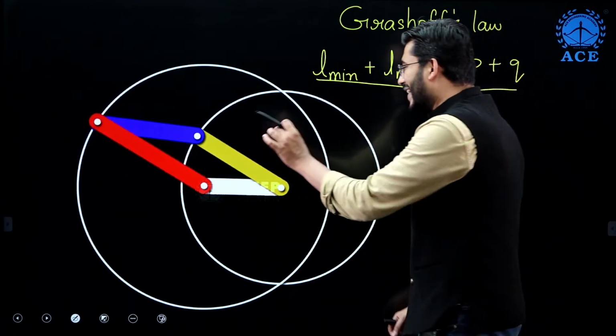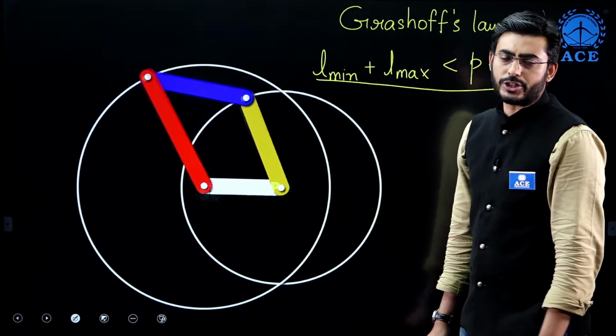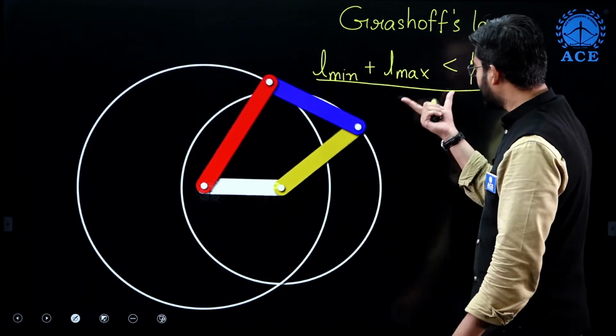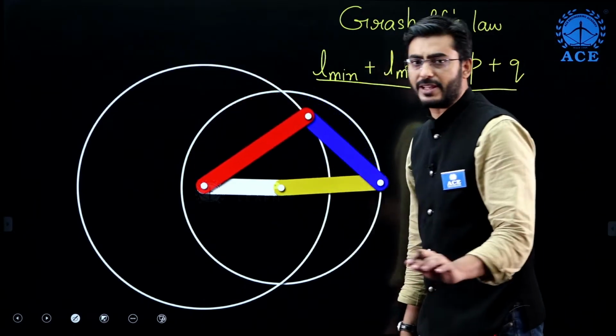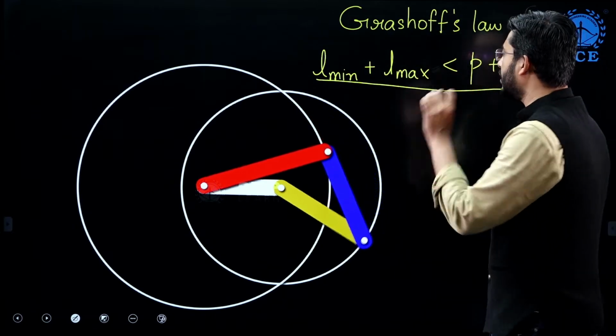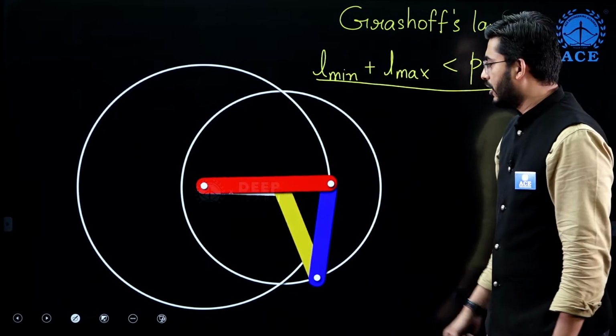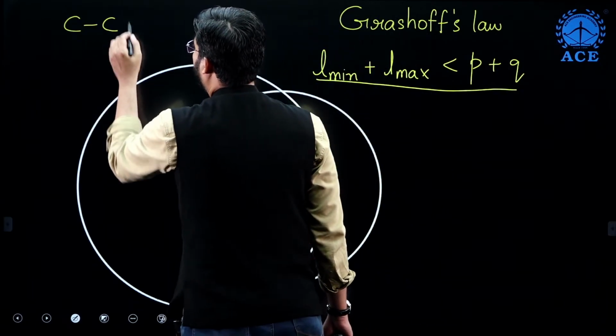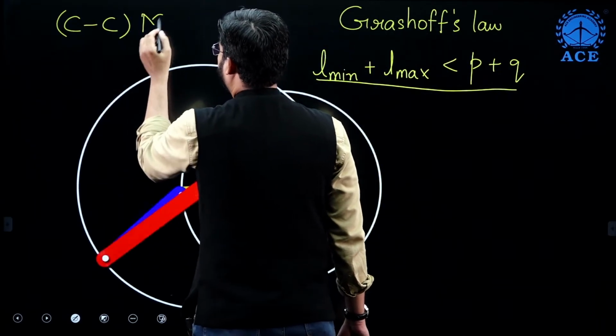So the relative motion is transmitted continuously, and the condition L maximum plus L minimum is also satisfied. So this is called the crank-crank or double crank mechanism.